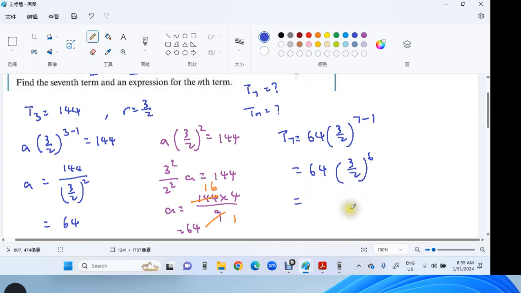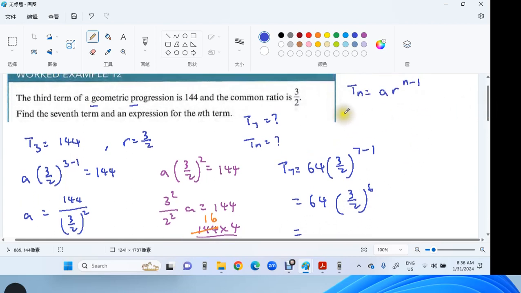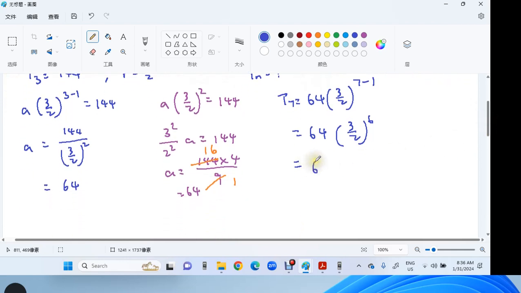We know that 3, 9, 27, 81, 243, 729, and then 2, 4, 8, 16, 32, 64. So this one will be 64 times 729 over 64. Then this is 729.